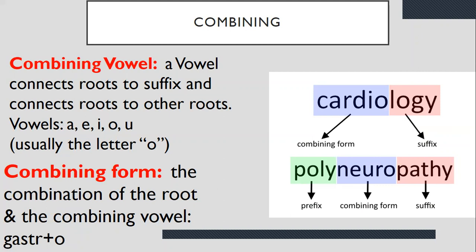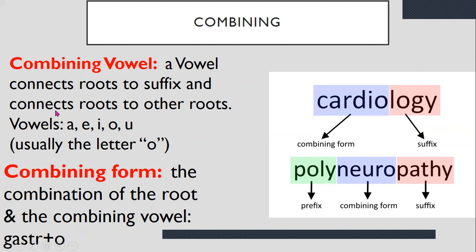When you combine medical words to form a medical term, you will use a vowel. It's called a combining vowel because it's going to combine two root words, so one root to another root, or it will combine one root to a suffix.